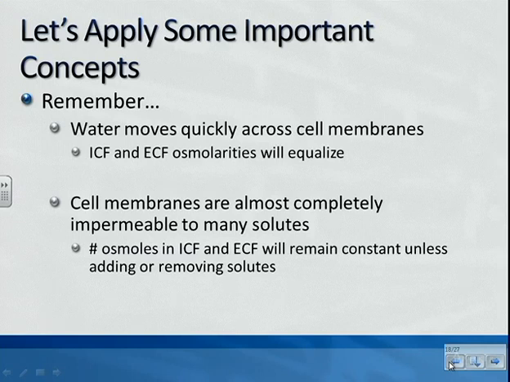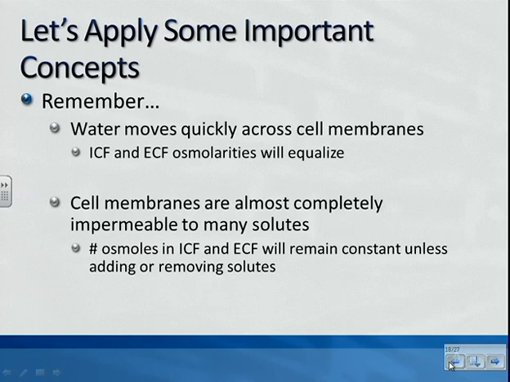So if I gave you these scenarios, if you had to work them out for yourselves, these are things I wanted you to realize. You may have to do a scenario on an exam, so just remember that. As long as that membrane is permeable to water, water will always move fairly quickly to make sure the osmolarities are the same outside and in.